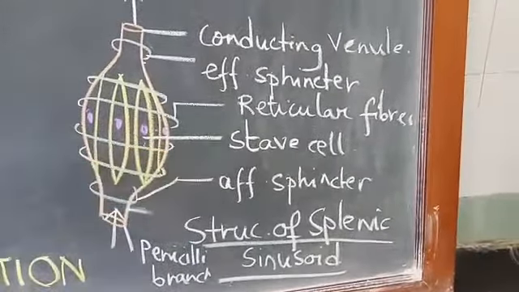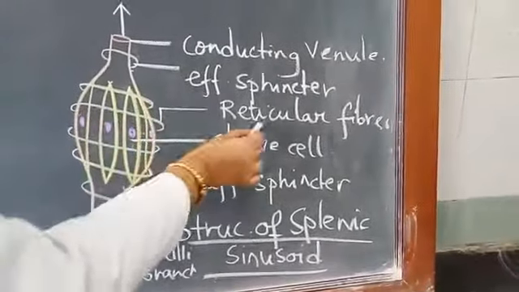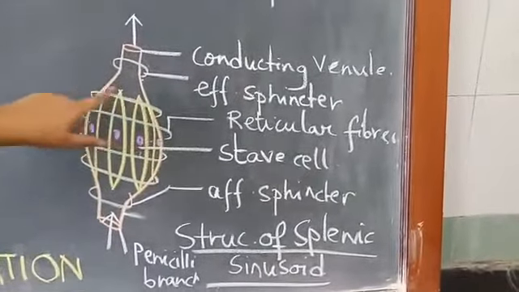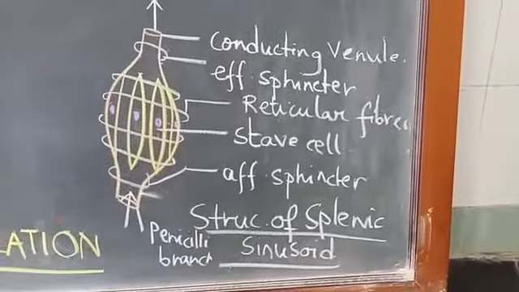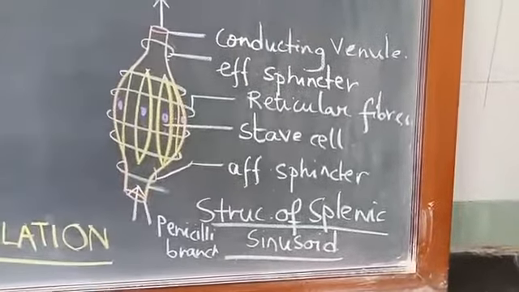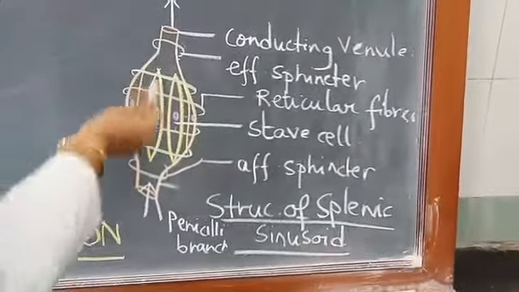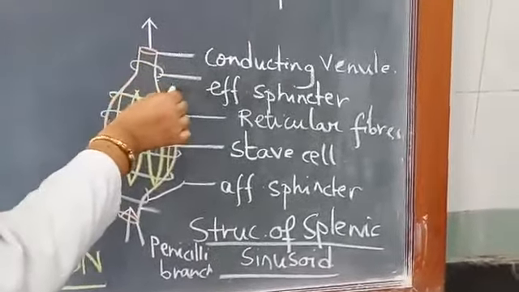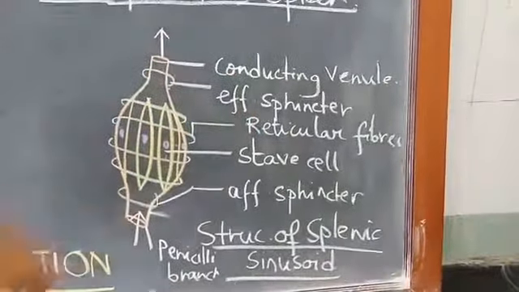They are surrounded by certain reticular fibers, this greenish color. These fibers are also rich in actin and myosin, and this helps in contraction of the stave cell, so that it regulates the blood flow through these sinusoids. There is one afferent and one efferent sphincter, and after that the blood will pass through the conducting vein.